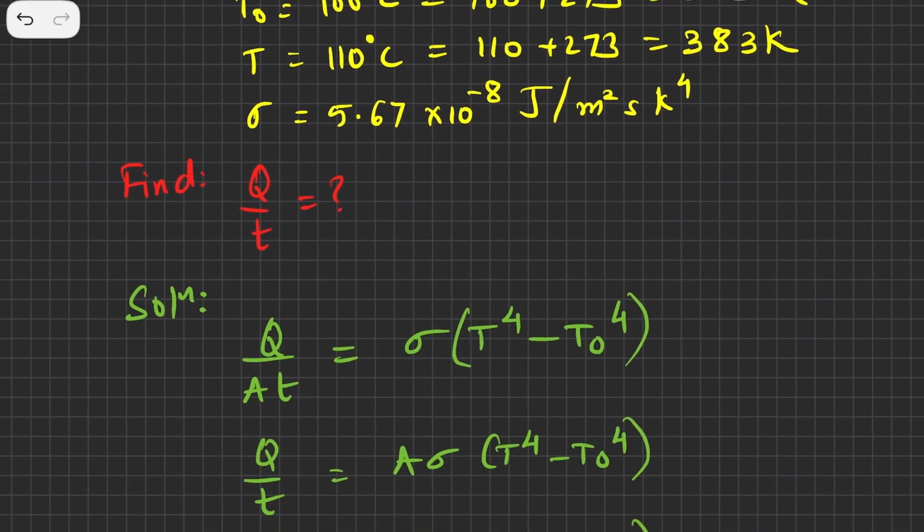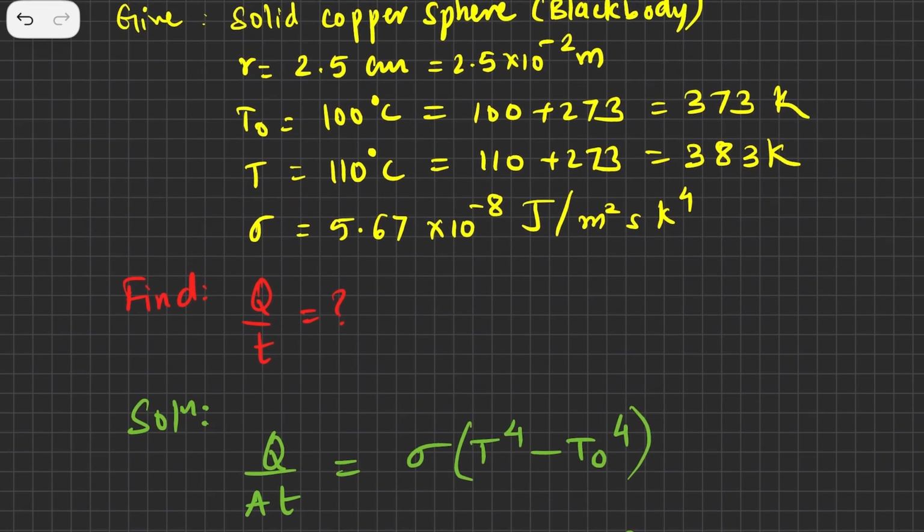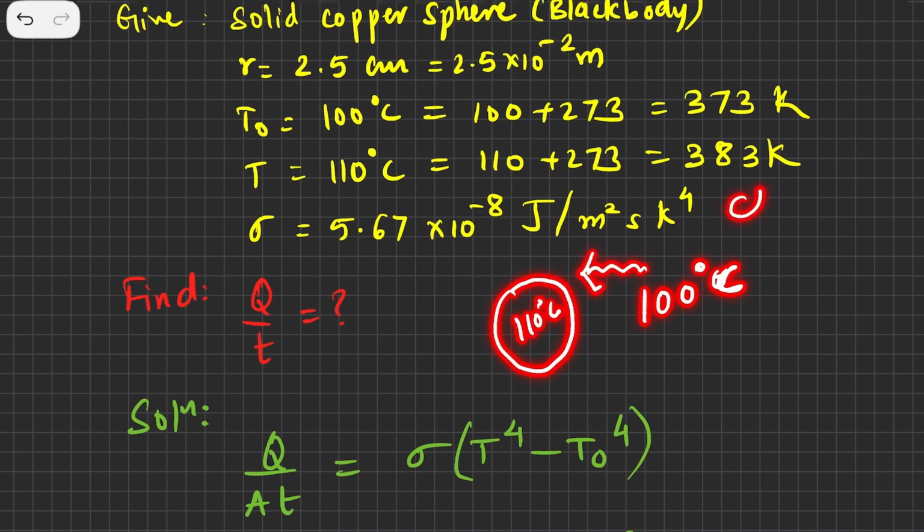They have asked us how much energy we are going to supply to this sphere, because this is at 110 degrees Celsius and the surrounding is at 100 degrees Celsius. So how much energy in how much time are we going to supply, in order that the temperature of the copper sphere stays at 110 and does not go down?